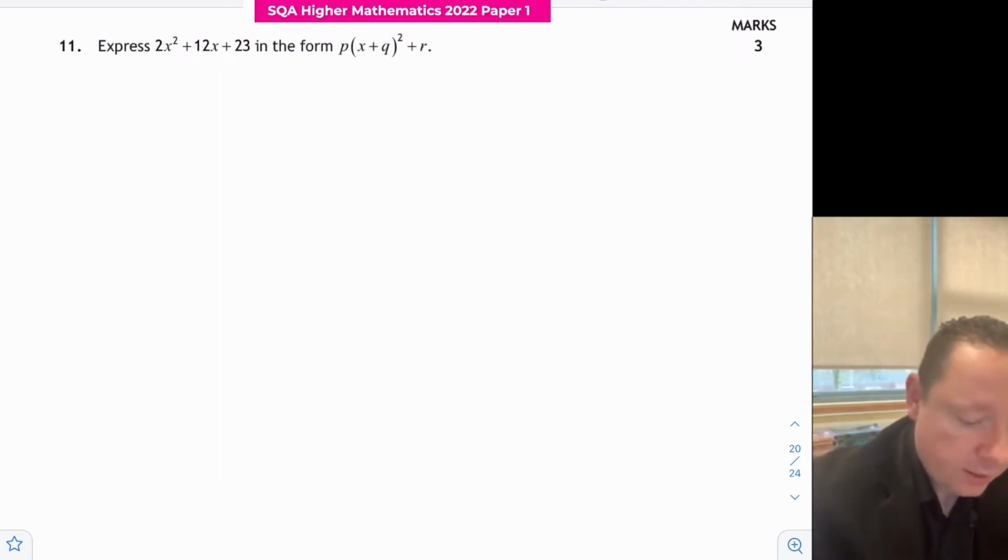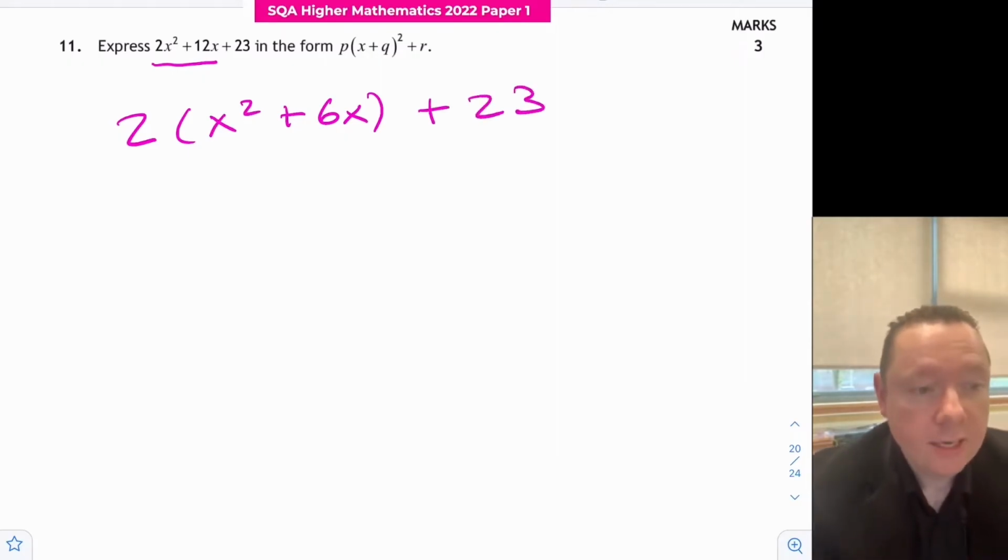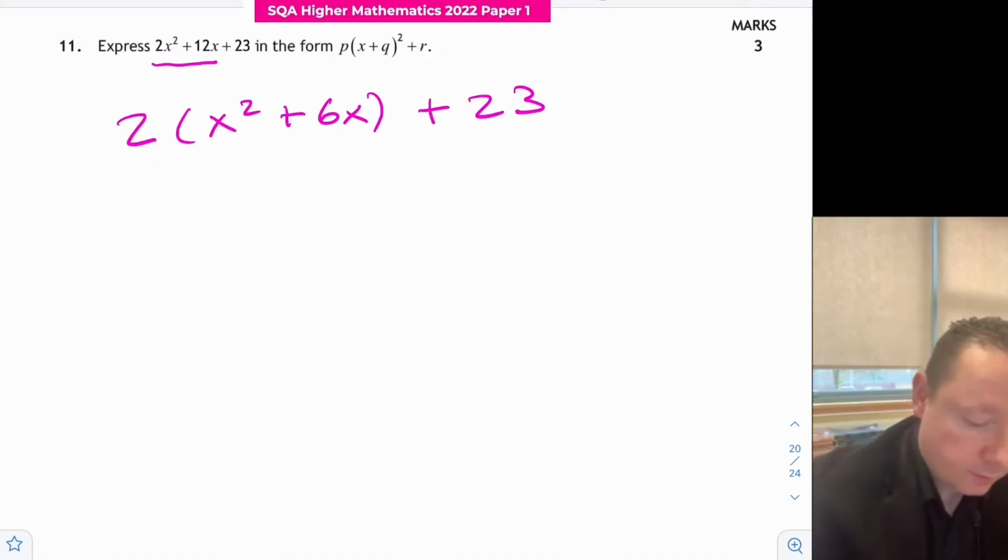You want a p, so you're going to have to take 2 out as a common factor between the first two terms. So you could write 2 bracket x squared plus 6x, and then you've still got your plus 23 on the end. And that would be a mark for that.